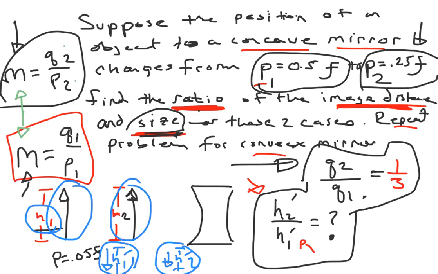But does anybody know what's going to be different when you use a convex mirror? There's only one concept that you've got to use for this question. Yeah, the sign. Good job. And the sign of what?